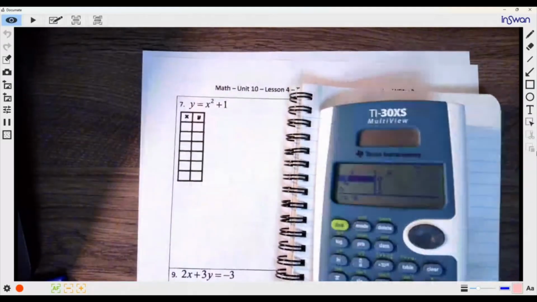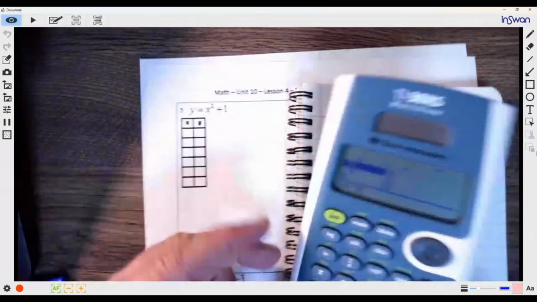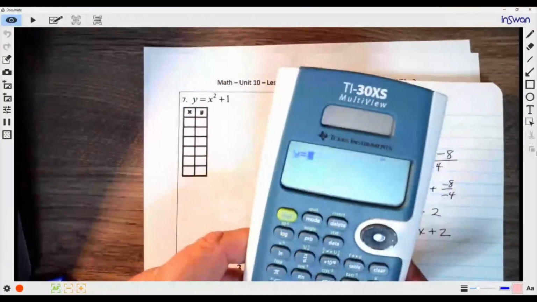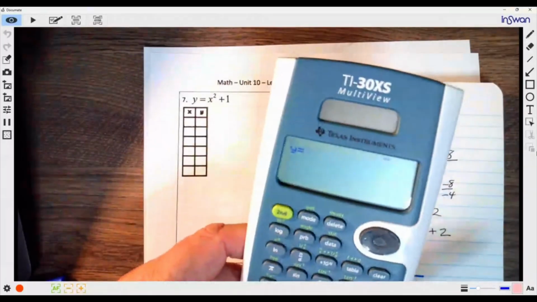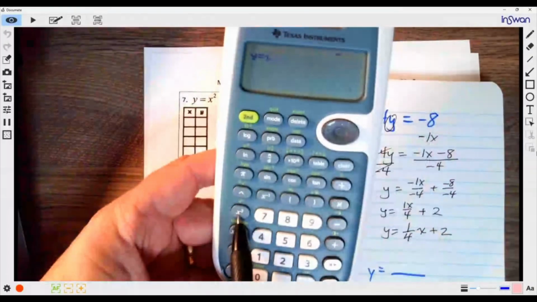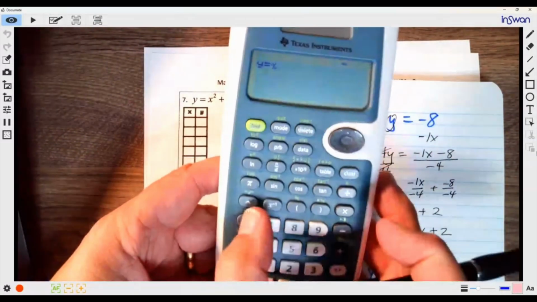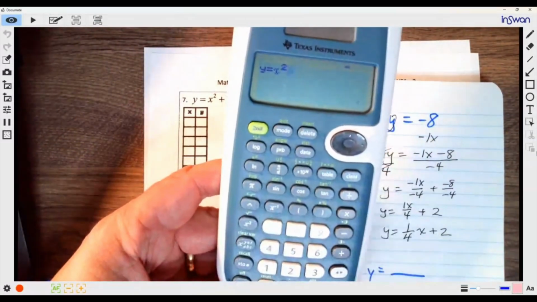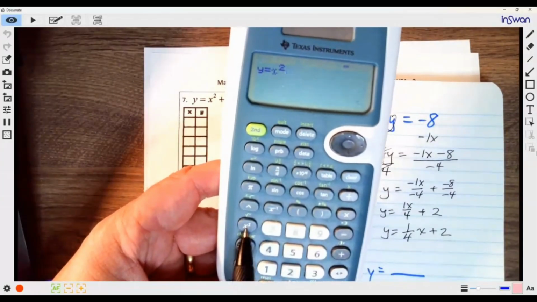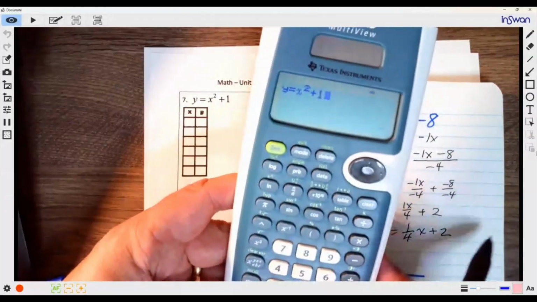No different. It's already set equal to y, so we're good. So I'm going to hit table. I'm going to clear out the equation. I need my x, and it needs to be squared. So you still have to put the variable key and then say that you are squaring that variable plus 1.